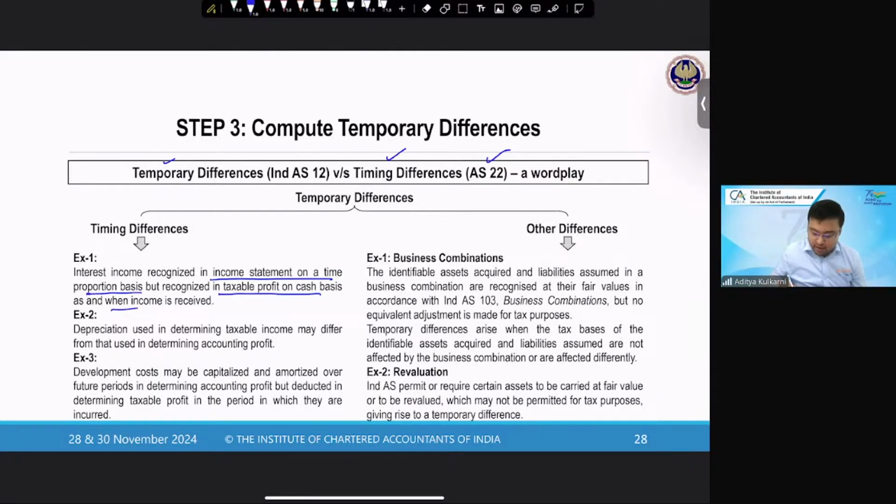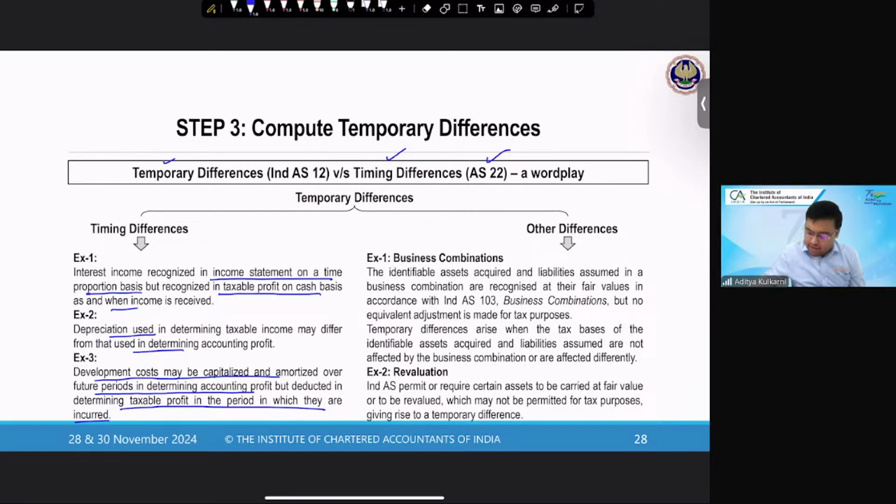Depreciation differs under the Companies Act and the Income Tax Act. Development costs are capitalized and amortized over future periods in determining accounting profit, but deducted in determining taxable profit in the period in which they are incurred. These are just examples of timing differences which we have already seen.